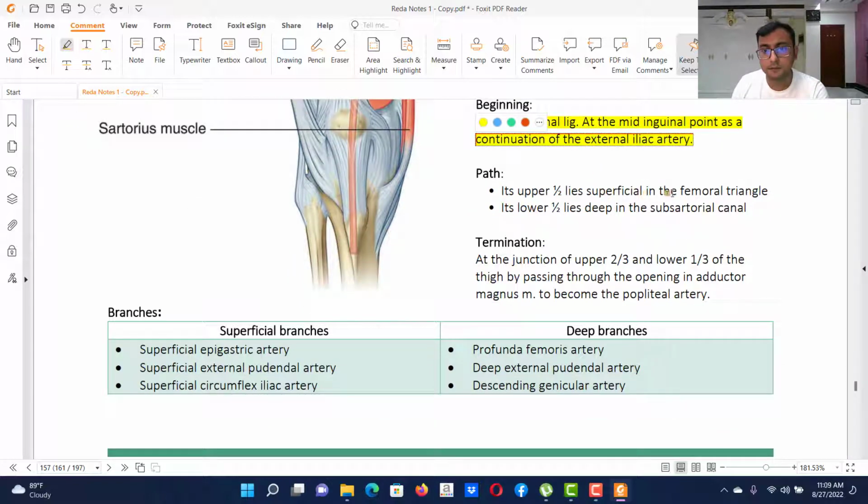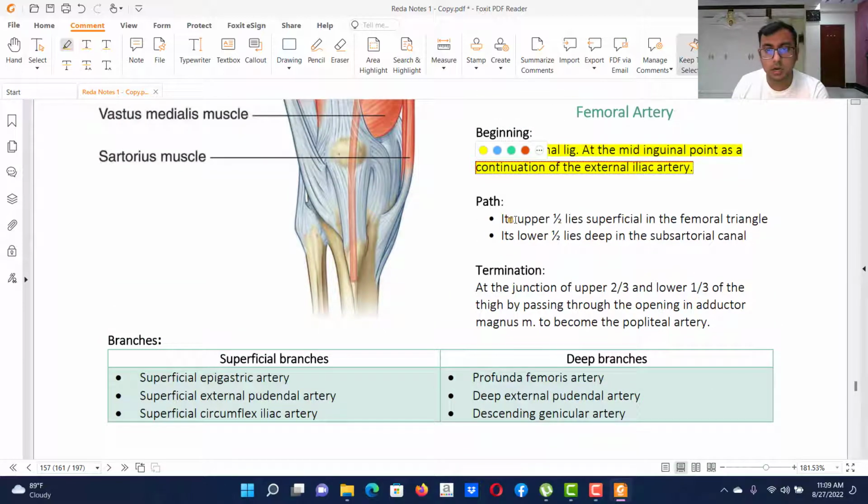The upper half is superficial in the femoral triangle, and the lower half lies in the subsartorial canal. The subsartorial canal is also called Hunter's canal. Remember these things.